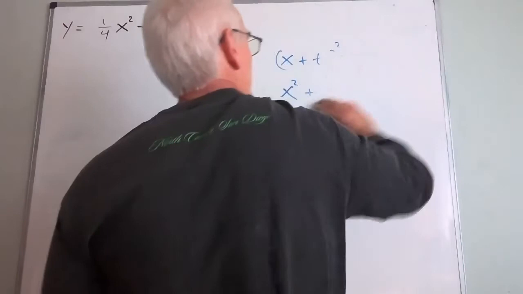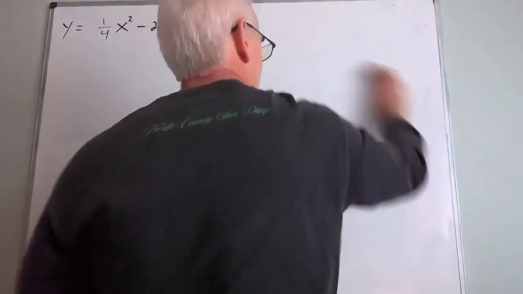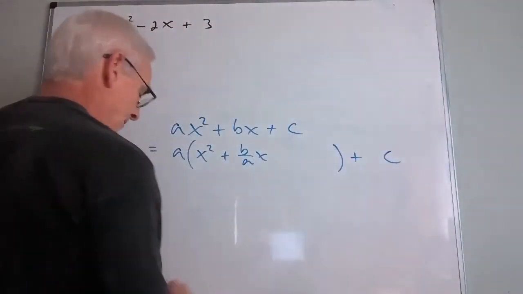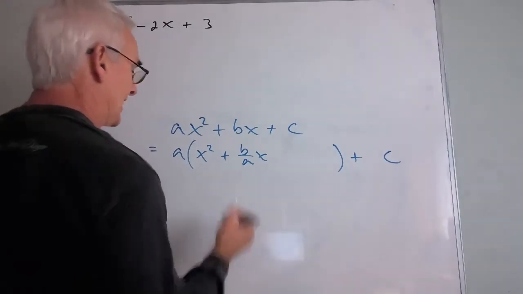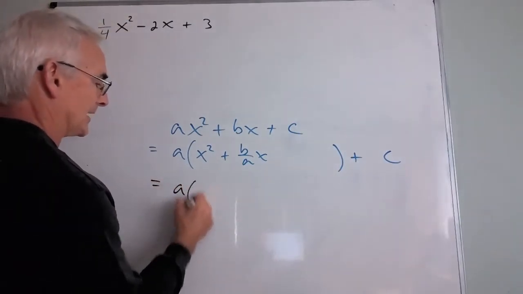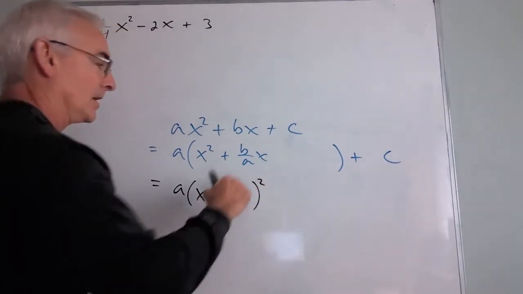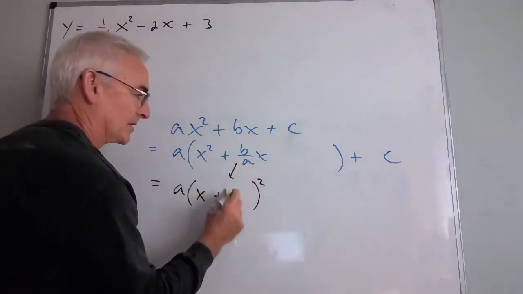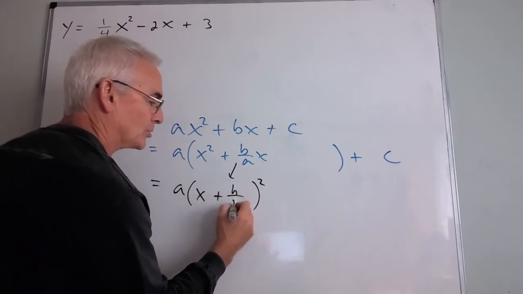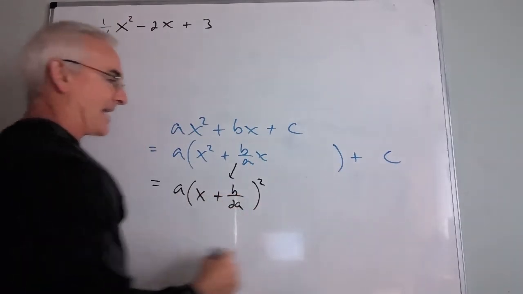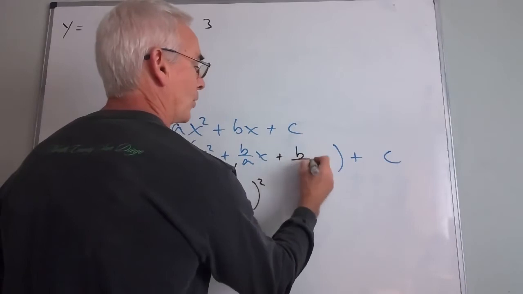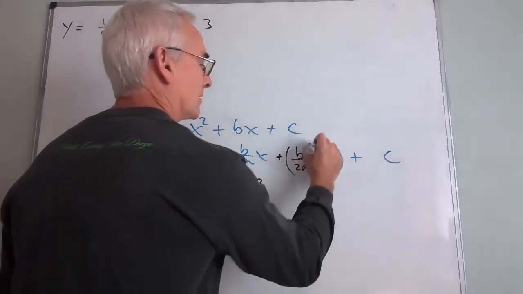But I have a lead coefficient that's not a 1, so that makes it a little bit trickier. So what I'm going to do is add the right thing. So this is going to be a times x plus what, squared? Well, I take half of this. That would be b over 2a. And now here I'm going to put b over 2a quantity squared.